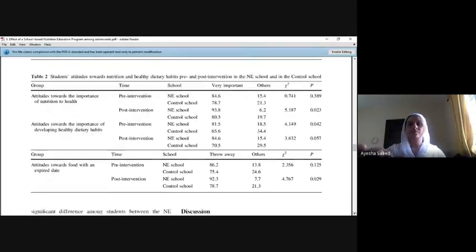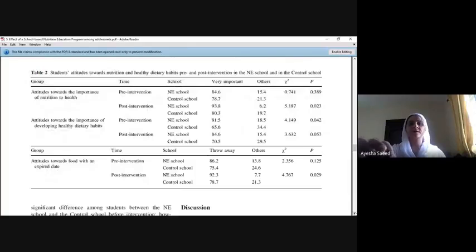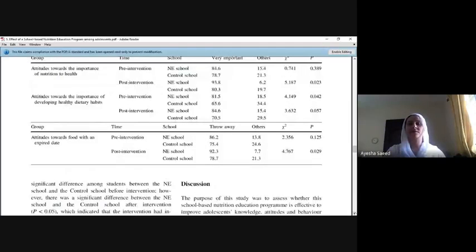Attitudes towards food within expiry date, it was not statistically different at the pre-intervention. Afterwards, at the post-intervention, it was different. The nutrition education school participants had improved knowledge that the expiry date should be considered.